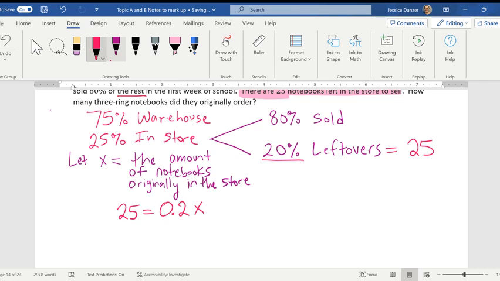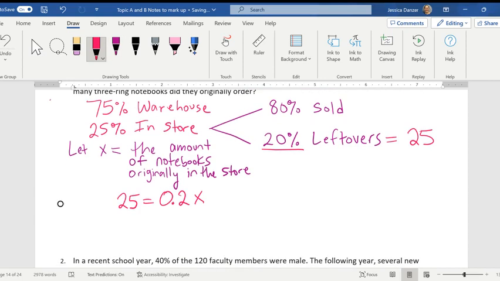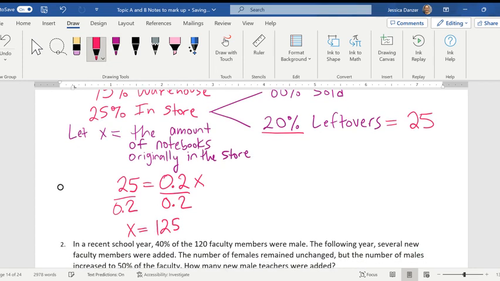So 25 equals 0.2 of this number we don't know yet, the number that was in the store. If you solve this equation, you divide both sides by 0.2, and you get X equals 125. You can use a calculator to solve that if you need to. So 125 is the amount of notebooks originally in the store.